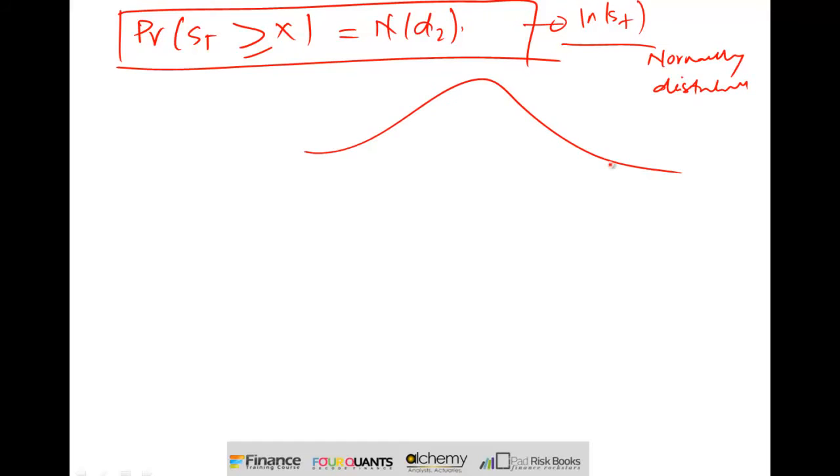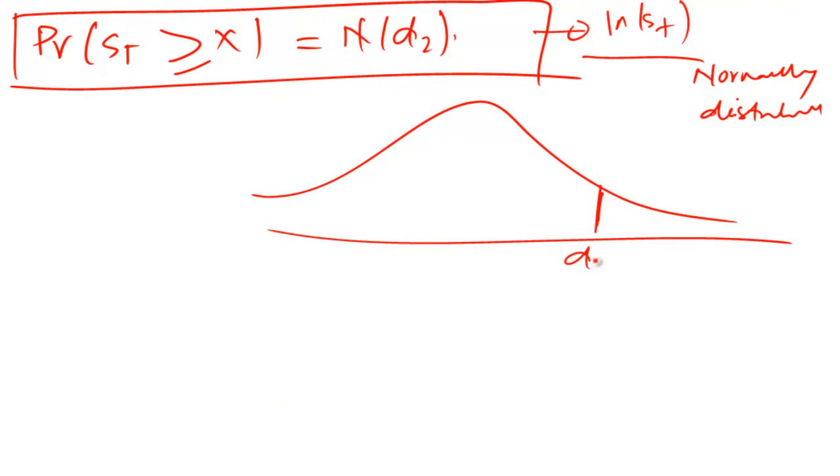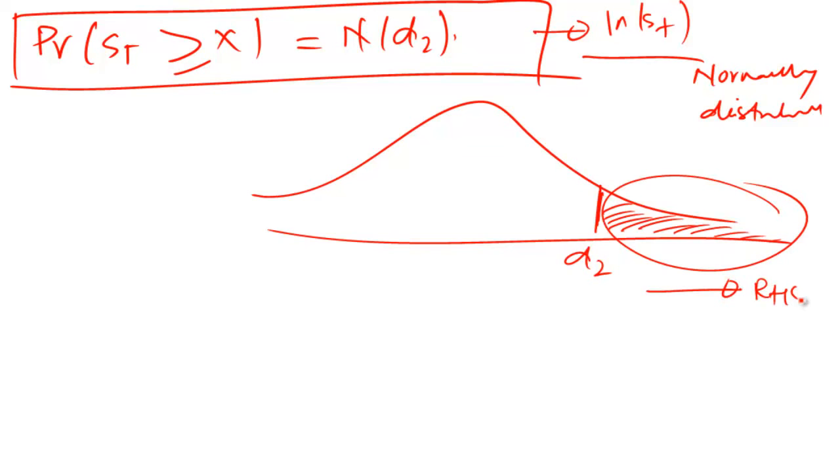In a normal distribution, this is d2, and I'm interested in the probability of what lies on this side. So the probability ST is greater than X is given by N of d2, which denotes this part of the distribution on the right hand side of d2.